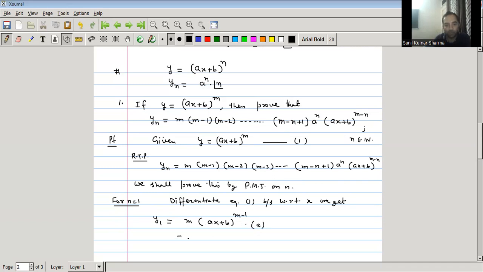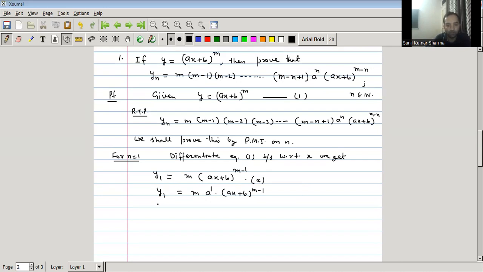So we can write this as m into a to the power 1 into (ax plus b) to the power (m minus 1). So if we put n equal to 1 here, we get m into a to the power 1 into (ax plus b) to the power (m minus 1). So the result is true. The result holds for n equal to 1.